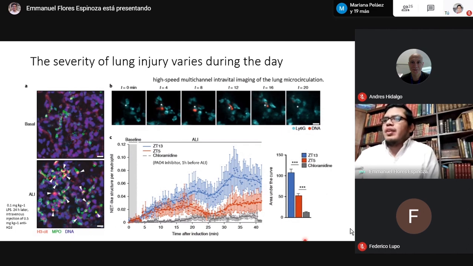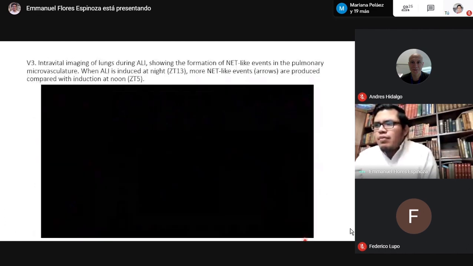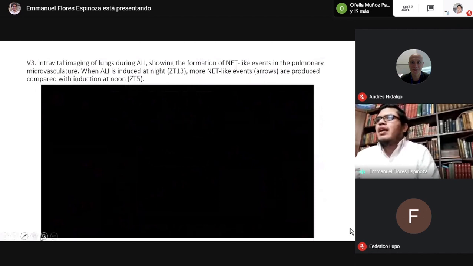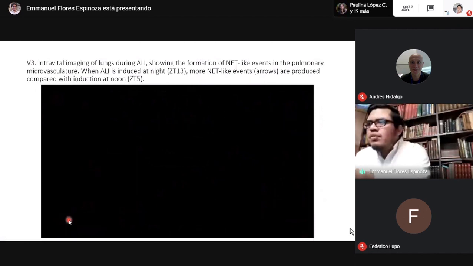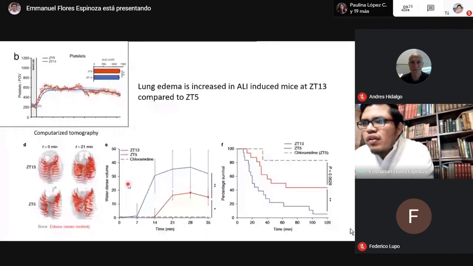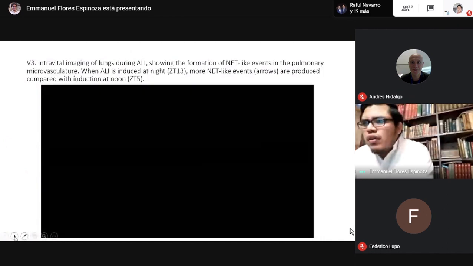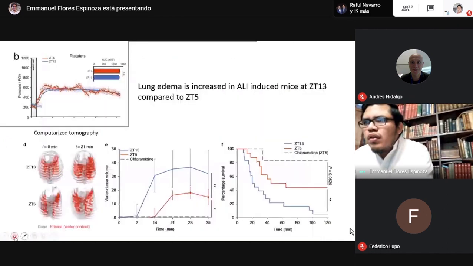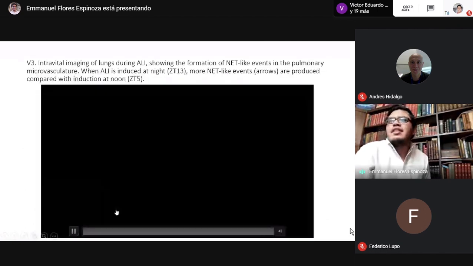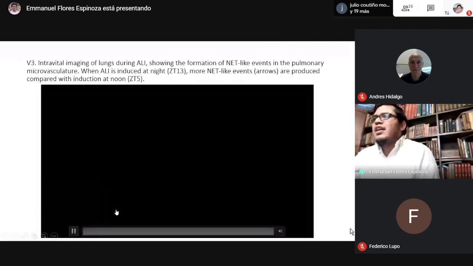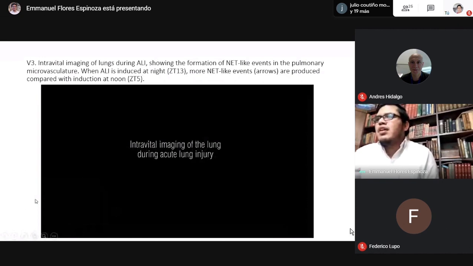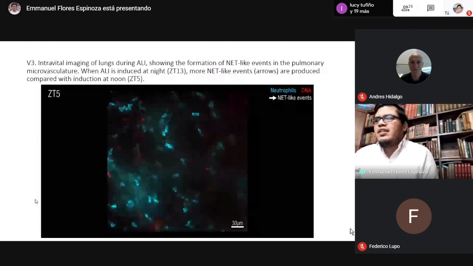So I want to show you this video. This is an intravital imaging of lung during ALI, and we can see the NET formation at the different times, day or night.